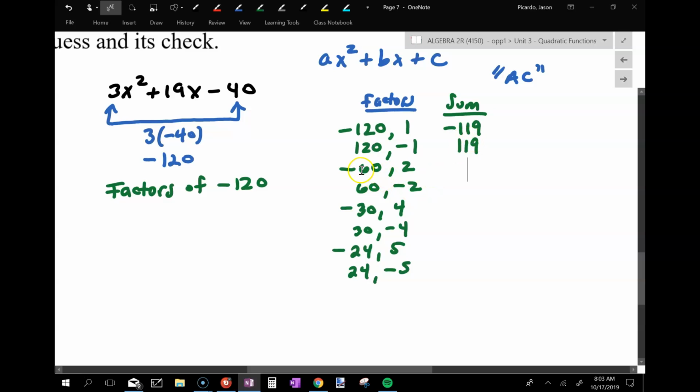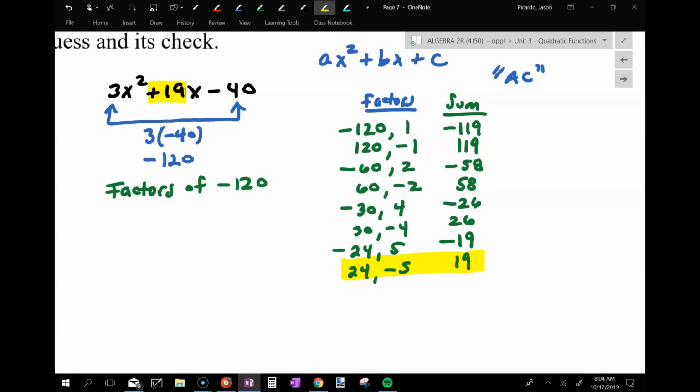Somebody owes you $60, they give you two, they still owe you what? $58. You have 60 bucks in your pocket, you spend two, you still have 58. So this would be negative 26, this would be positive 26, this would be negative 19, this would be positive 19. And here's what I'm looking for, guys. Ready? I'm looking for the one that matched that.